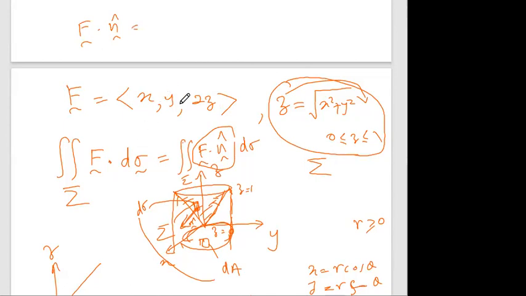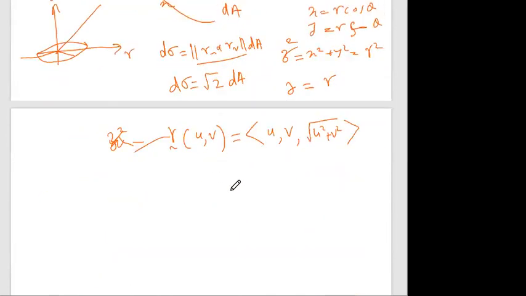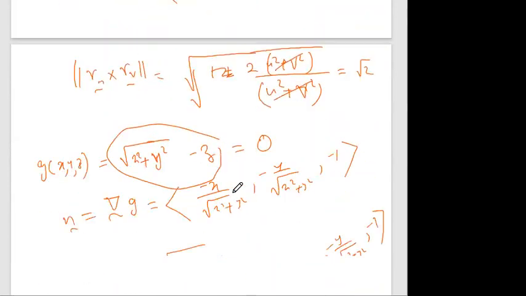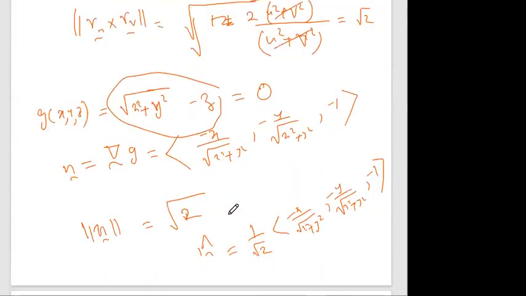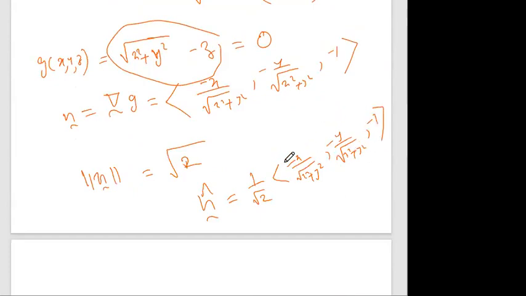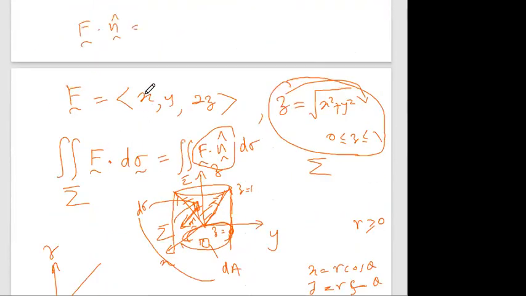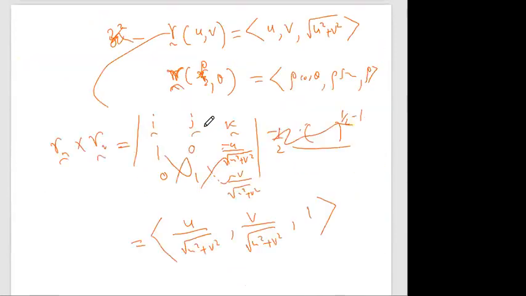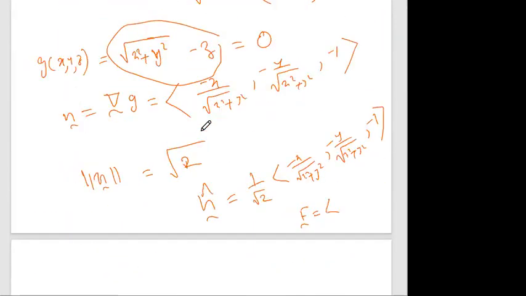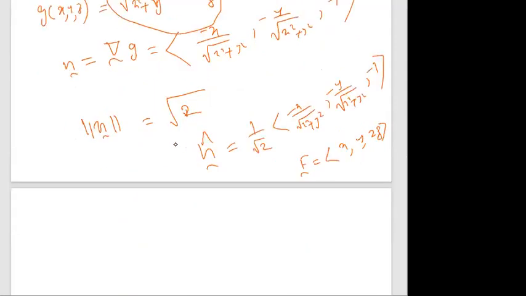I know x. I know the field. What was our unit normal? This one. So this one times that. Let me write the field here. What is the field? x, y, 2z. So let's take the dot product.